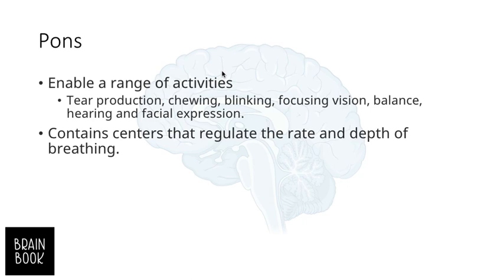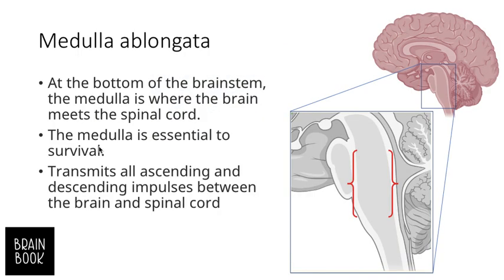The pons enables a range of activities, for example, tear production, chewing, blinking, focusing vision, balance, hearing, and facial expression. Also, it contains centers that regulate the rate and depth of breathing. For example, if this part was injured, we will face problems in our breathing.